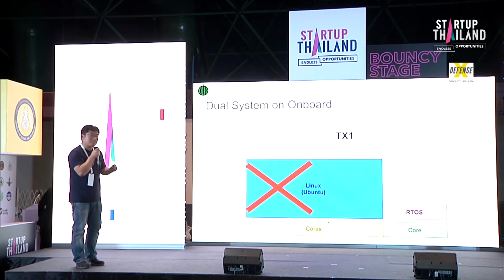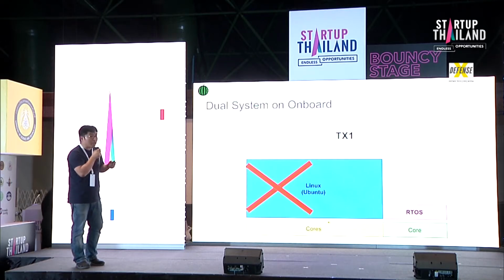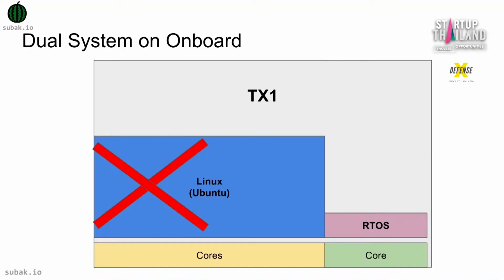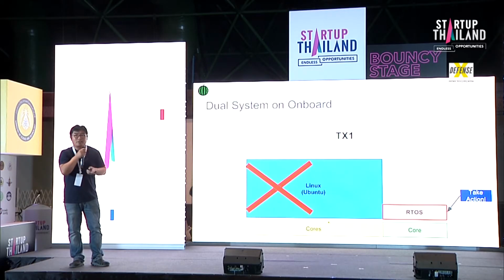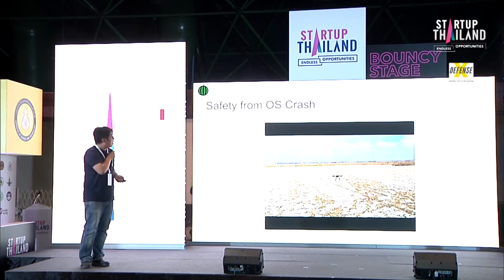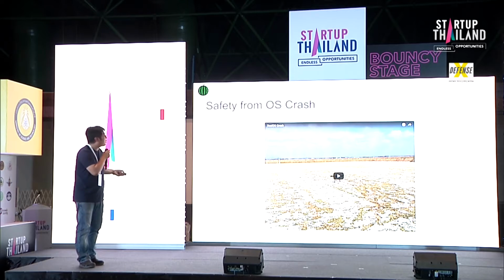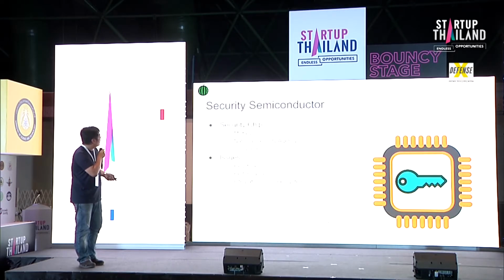So if Linux is attacked or some bad thing happens, the RTOS takes over action. So RTOS controls the drone system. As for my experiment, actually you can watch it on YouTube. I will pass at this time.